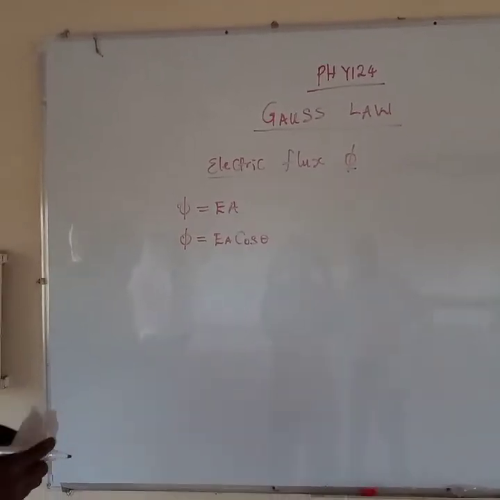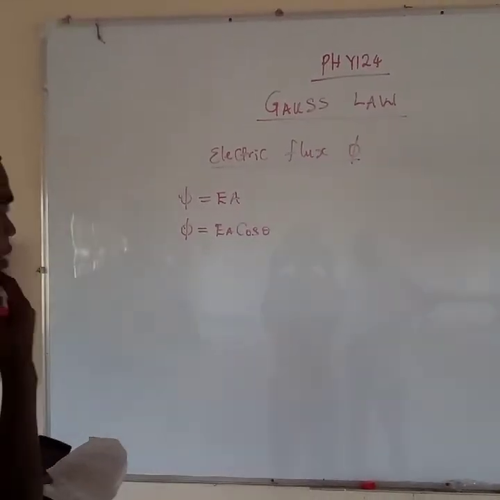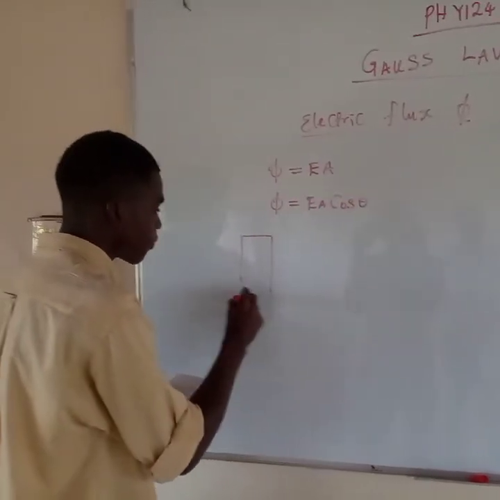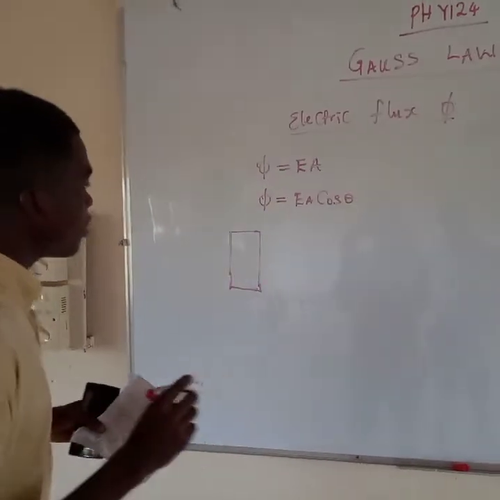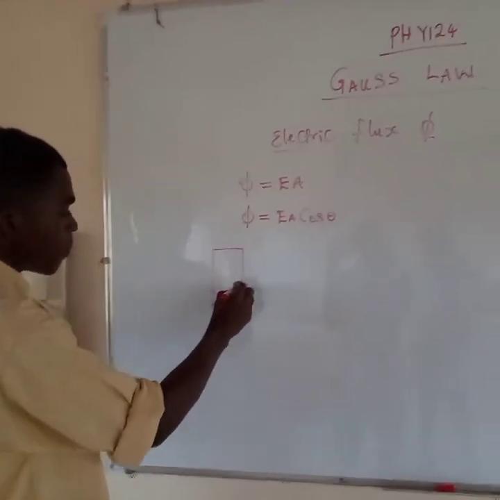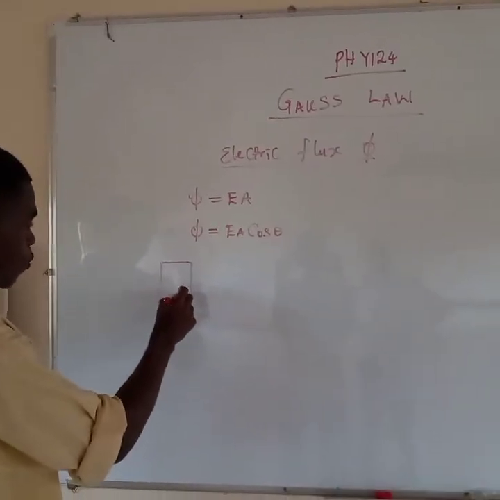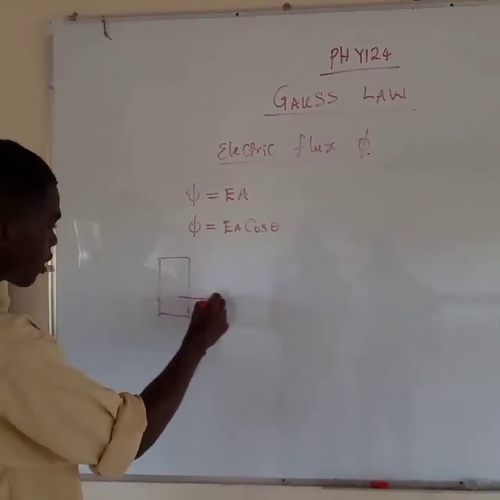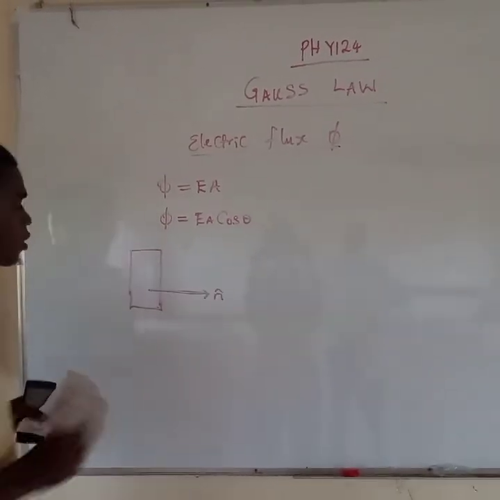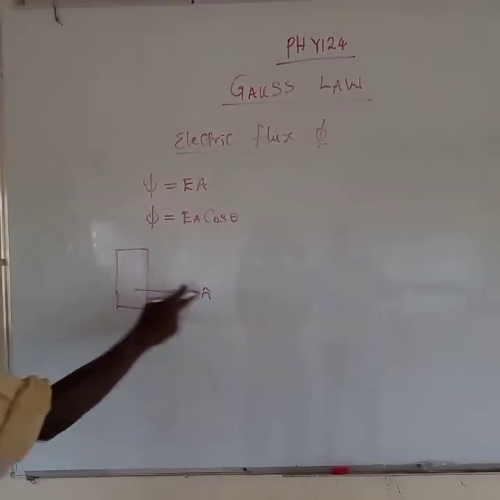Now, under this formula, there are three cases. First of all, let's take a surface, and let us imagine the field. Now, if you move perpendicular from that surface, there is a vector called the normal vector. The normal vector is perpendicular to that surface.